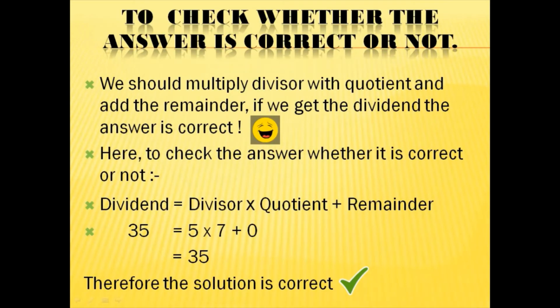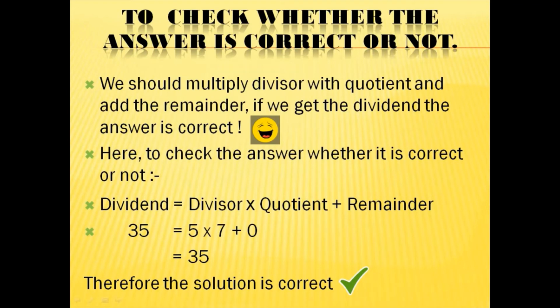Now let's see whether the answer is correct or not. We should multiply the divisor with the quotient and add the remainder. If we get the dividend, the answer is correct. To check the answer, we use the formula: dividend equals divisor into quotient plus remainder.